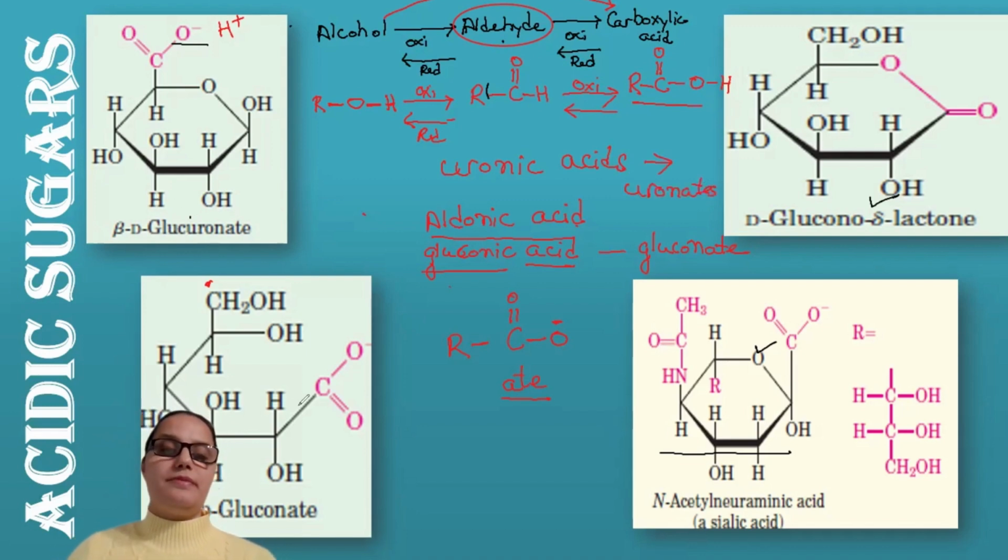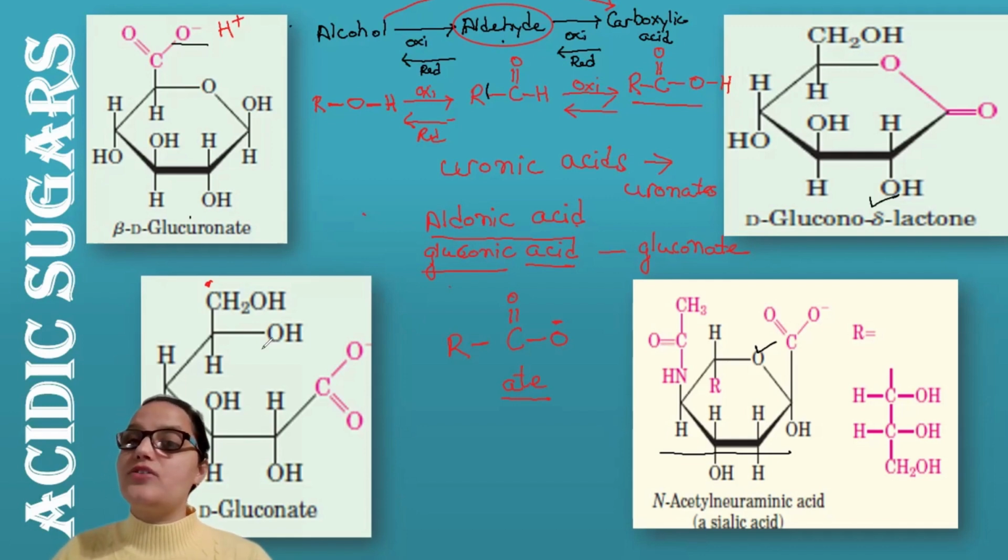So uronates are formed. Now, if you look at this structure where the carbon number 1 was oxidized, you can see that right now this is the linear structure. This linear structure has all the components which we could see in the case where we were doing the cyclization of polyhydroxy aldehydes and ketones.